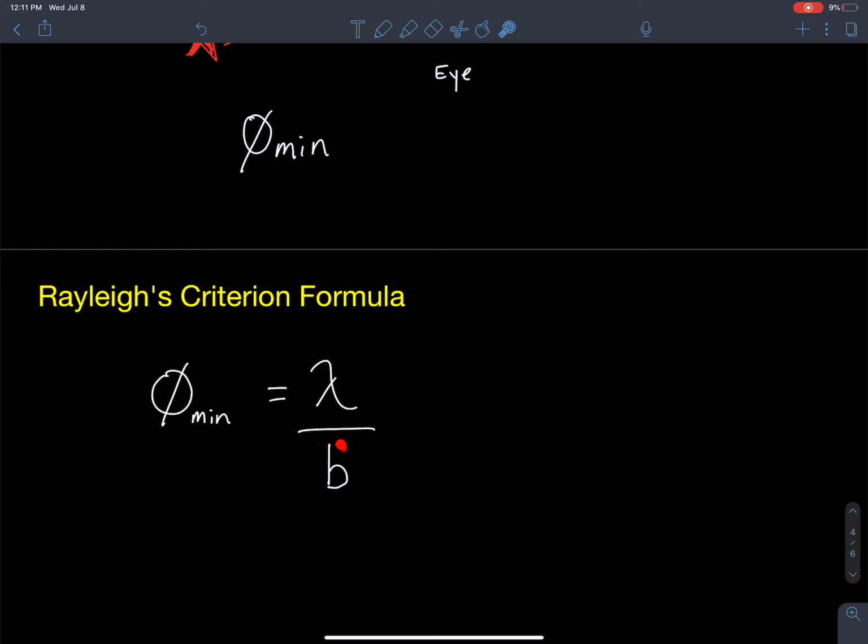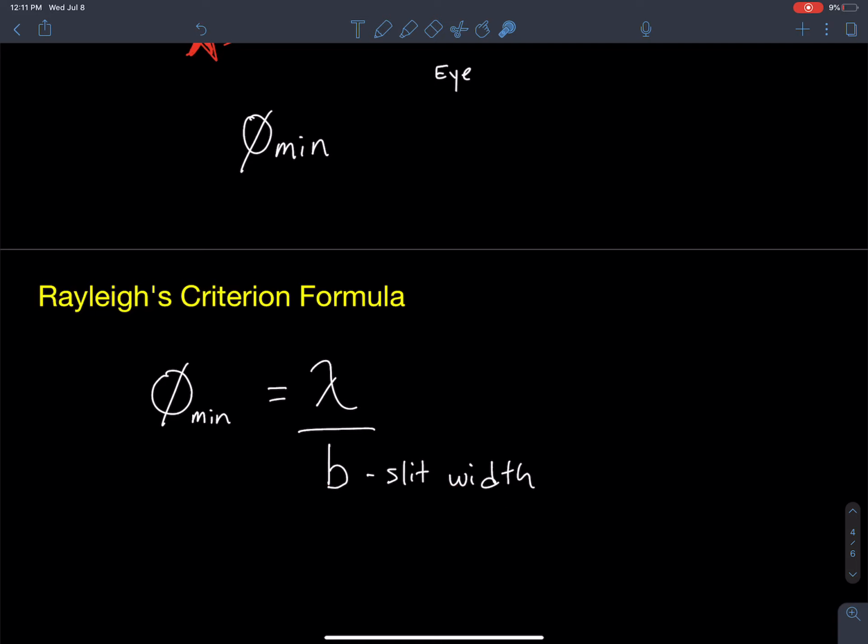Well, they use b in this formula because, as you'll see, to calculate the angle there's another d in there, and they didn't want to confuse it. So b in this formula is my slit width from the aperture that's causing diffraction. That's an important thing to write down in your data booklet because lots of kids get confused with the changing of symbols in the IB data booklet.